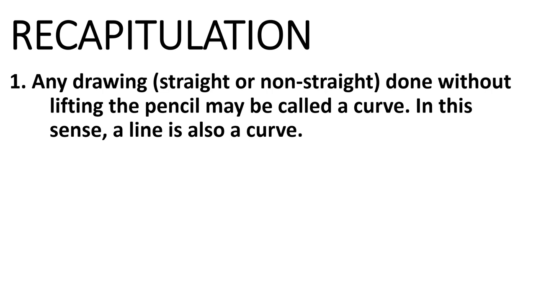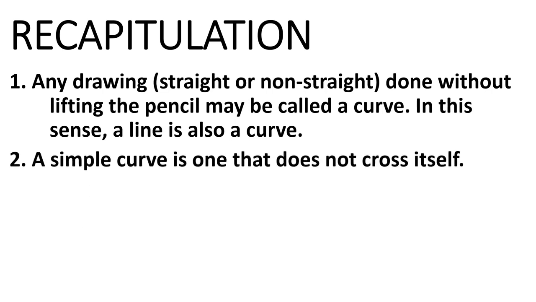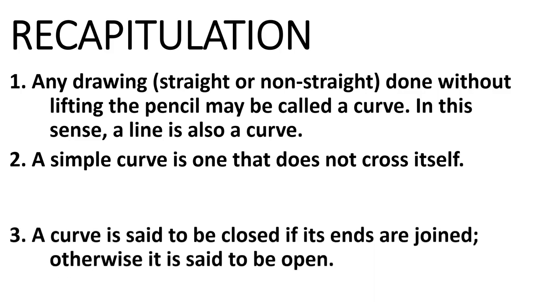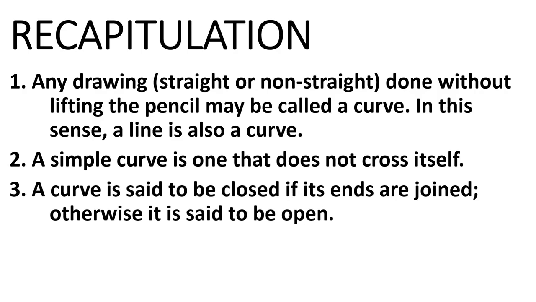Then we studied that curves can be simple curves, closed curves and open curves. A simple curve is one that does not cross itself. A curve is said to be closed if its ends are joined.